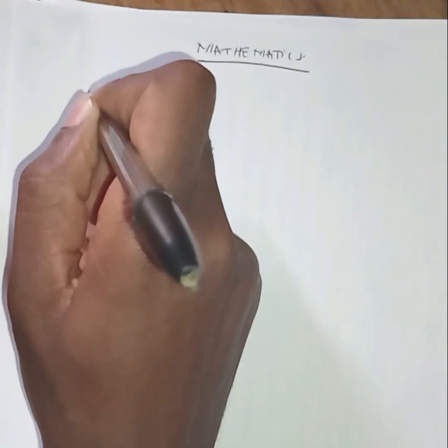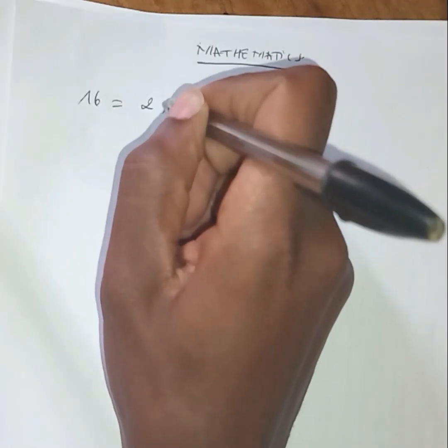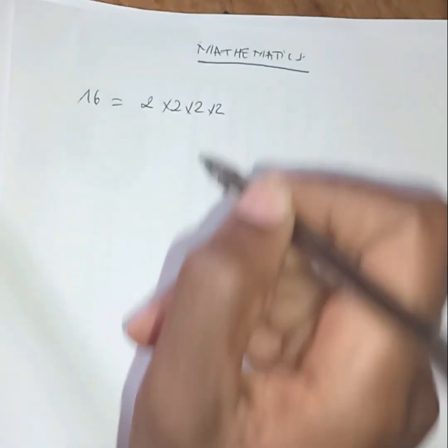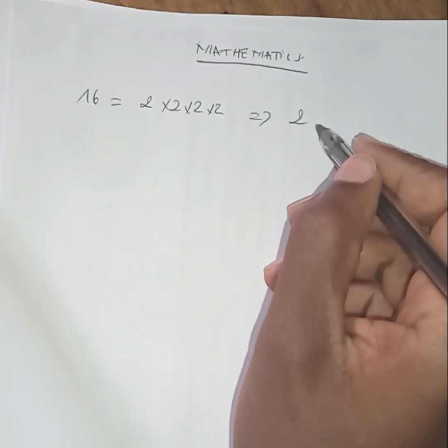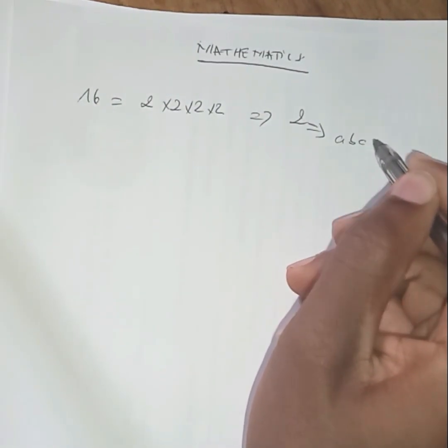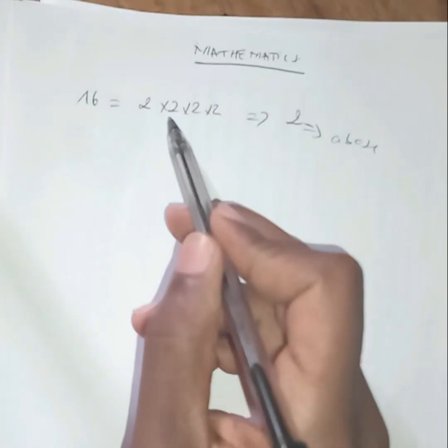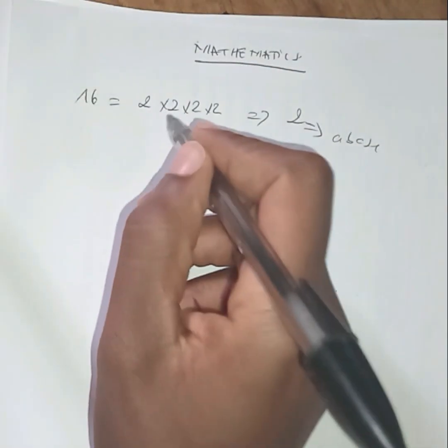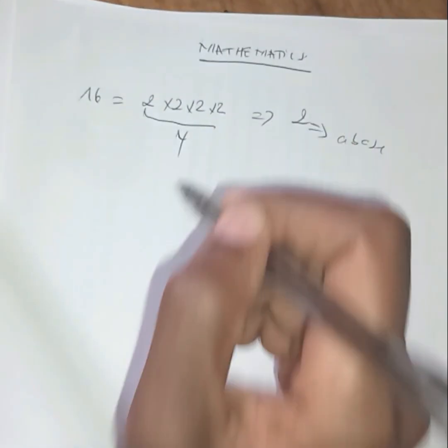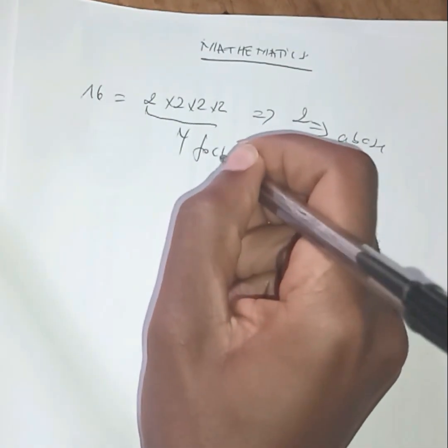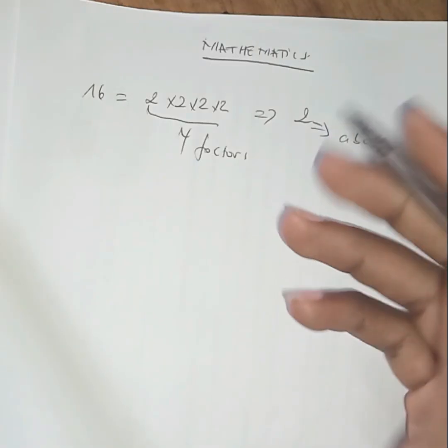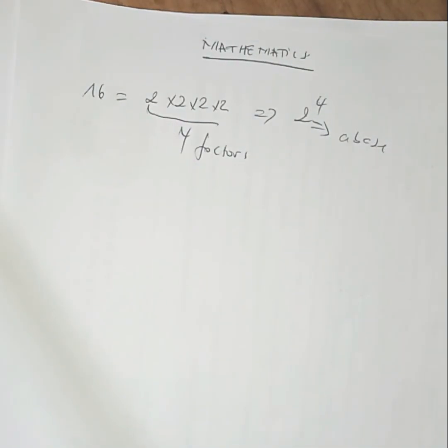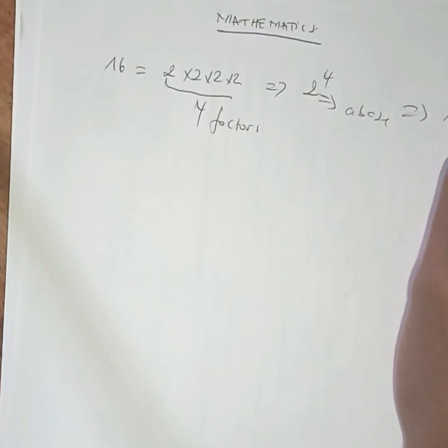16 is equal to 2 times 2 times 2 times 2. This is a base, it is 2, and there are 4 factors of 2. So we place the number of factors here: 2 power 4, which is also 16.